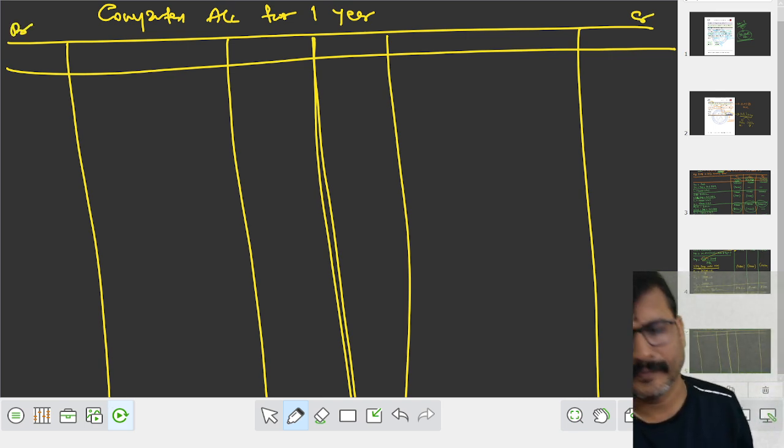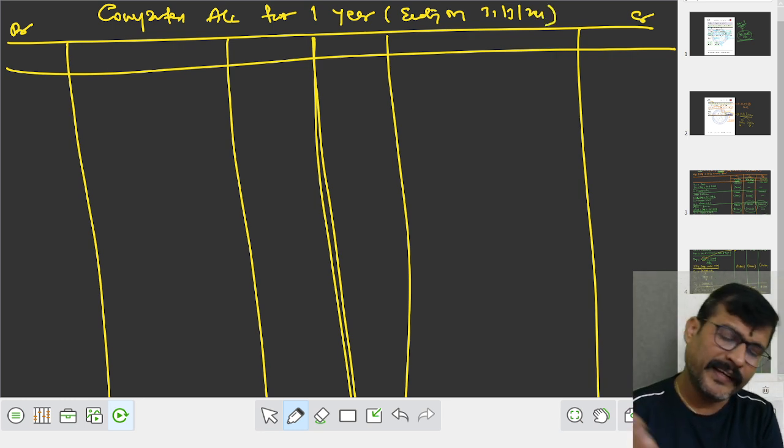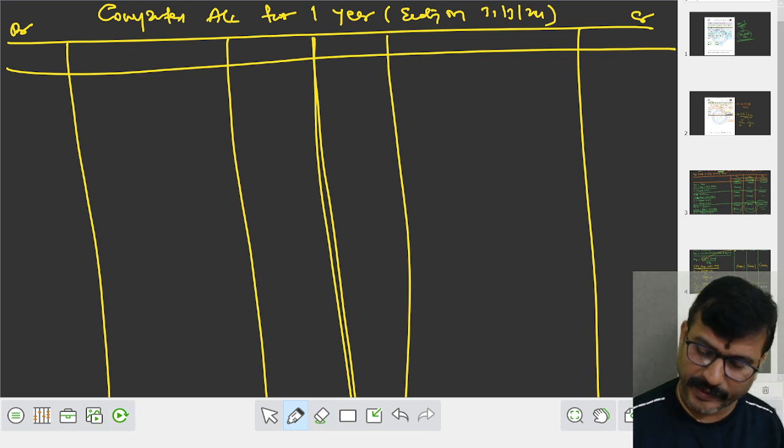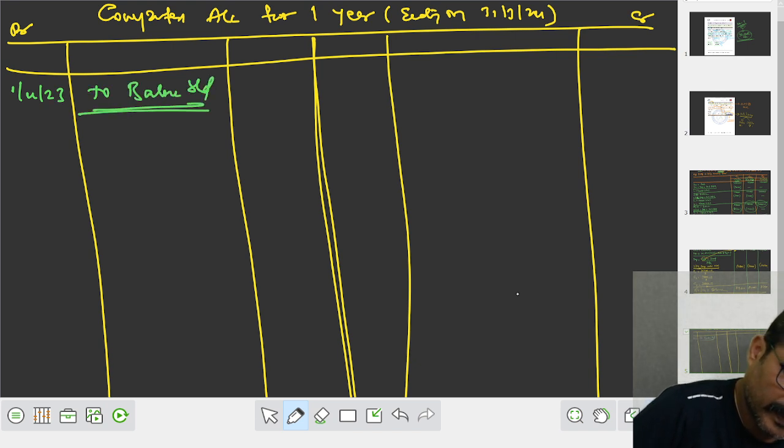Okay. Ending on what? Ending on 31st March 24. When it is ending on 31st March 24, what do we have to write? On 1st April 23, we have to write the balance brought down.